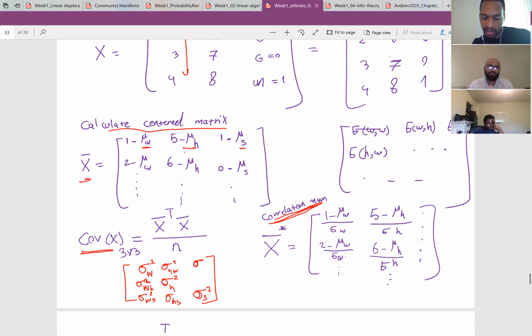So if you had 1 minus the mu, and you knew that your standard deviation was something, yeah, that's exactly what it is. If you divide this by the standard deviation, you're asking how far away you are from the standard deviation, like what fraction of the standard deviation are you?